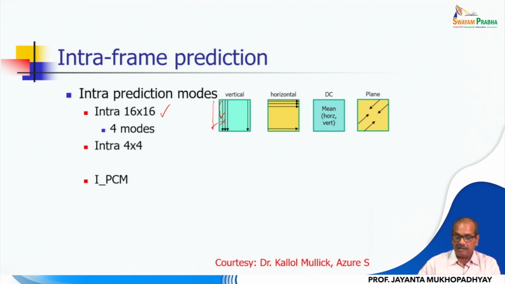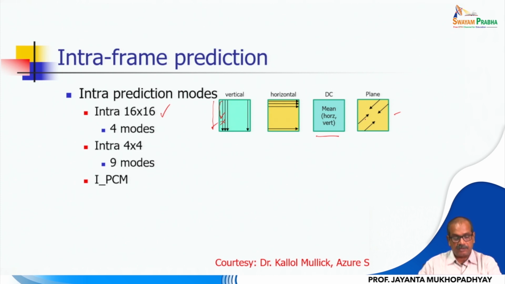In this way you can predict. This mode is simply the DC mode, where you predict using the mean of horizontal and vertical. Another mode is the plane mode. You can see it traces in the diagonal directions.